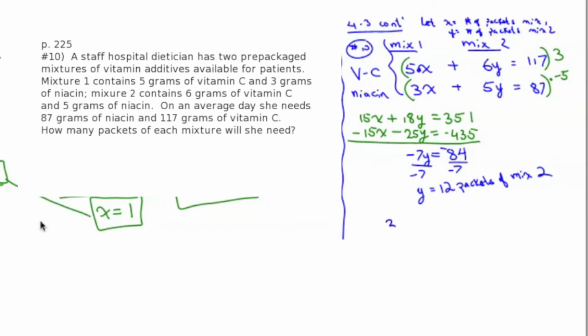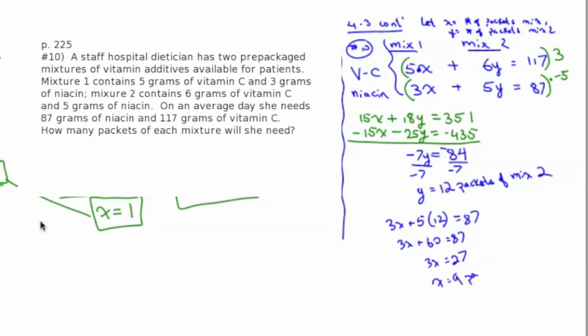So if we put it into 3x plus 5y is equal to 87, plug in our 12 here. 5 times 12 is 60, so we get this. And if we subtract 60 on both sides, we're going to get 3x is equal to 27, therefore x is equal to 9. So it'd be 9 packets of mix 1. So there's one of our answers, and here's our other.